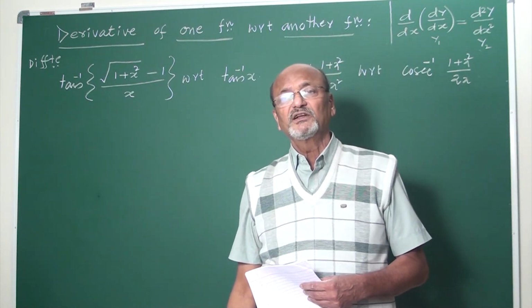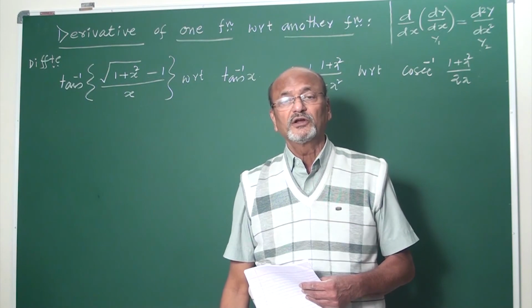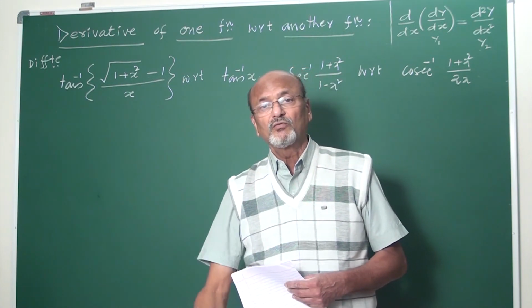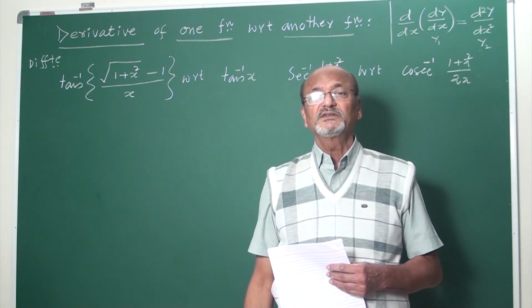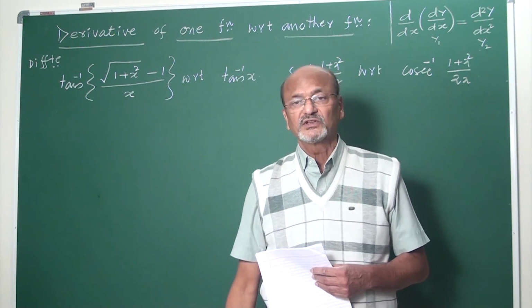Then I gave the definition of the derivative of a function at a point. What is it? dy by dx equal to f of x naught plus h minus f of x naught upon h, that definition is given.